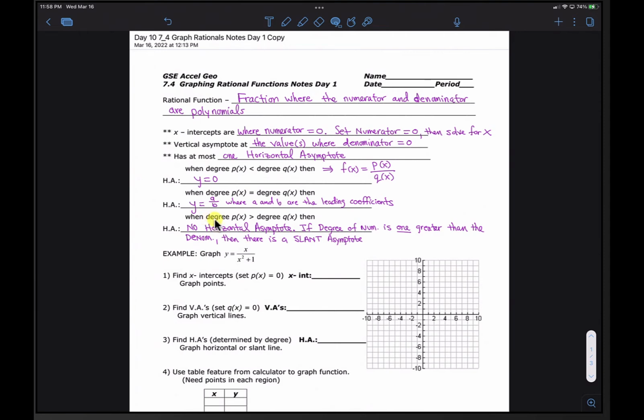And finally, when the degree of p of x is greater than the degree of q of x, there is no horizontal asymptote in that case. If the degree of the numerator is 1 greater than the denominator, then there is a slant asymptote.